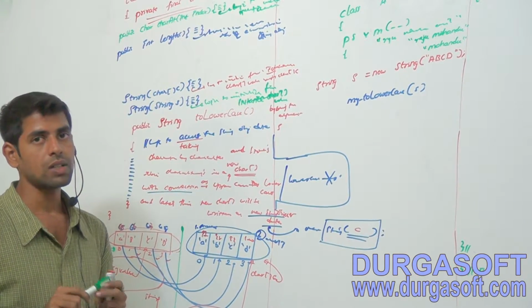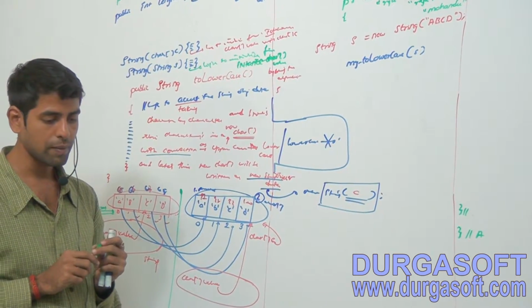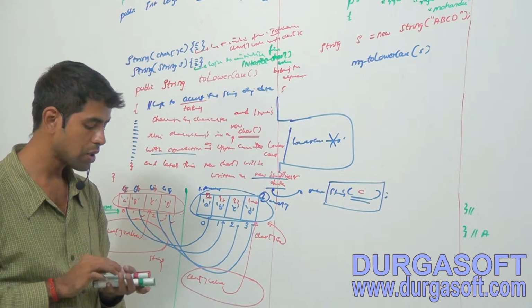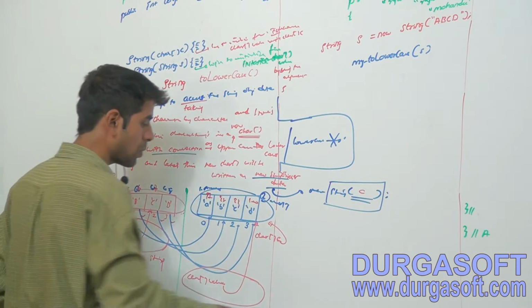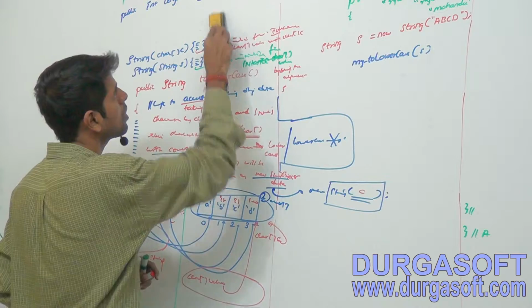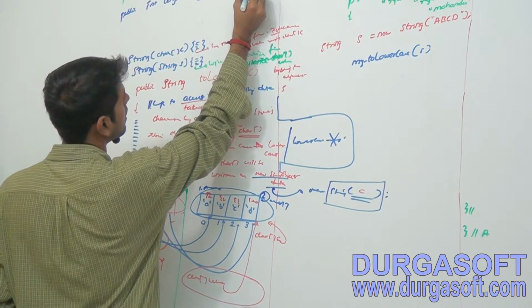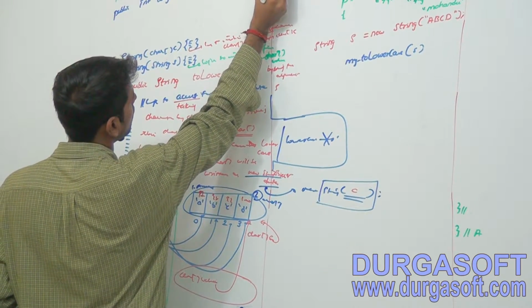To get the last index of a particular string, I will use one predefined method called length. Observe here, what logic does the length method have? Logic to return an int value.